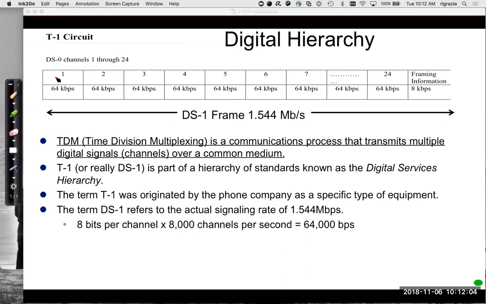So each one of these channels here is referred to as a DS0 channel. And the 64,000 bits per second accommodated a single phone call. So over a single cable serial connection, a T1 circuit, they could send over this single physical circuit 24 channels, 24 phone calls.